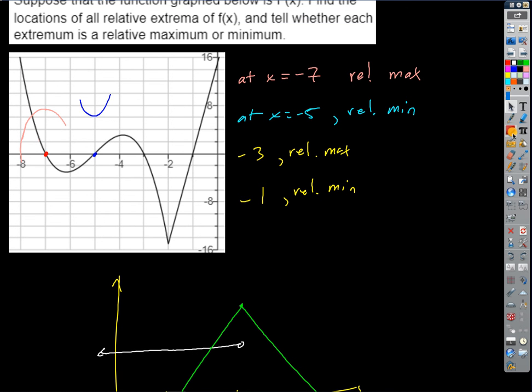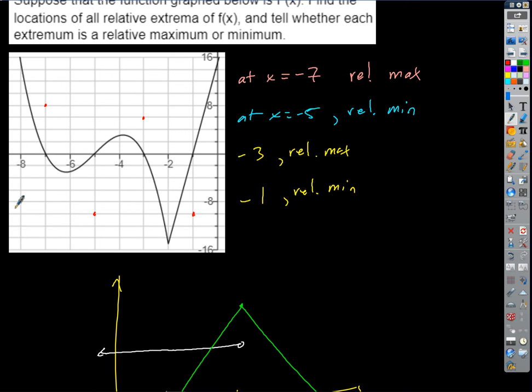If we wanted to just graph this function up here, what would it look like? I mean, it's not going to be exact, but we can get a pretty good idea. So we know we're getting maxima at -7, so we'll put that guy up there, and at -3, so like right there, and we're getting minima there and there, right?